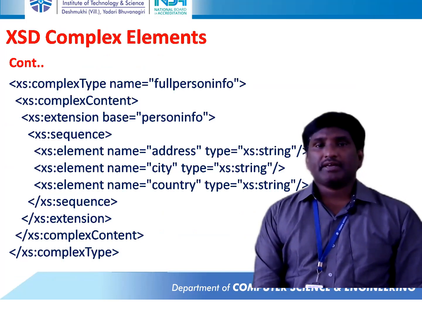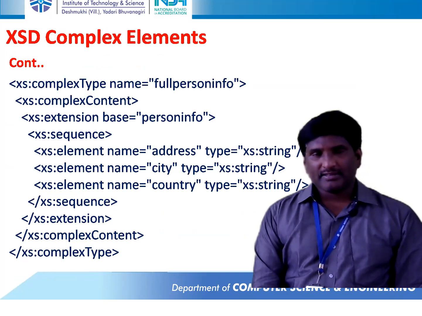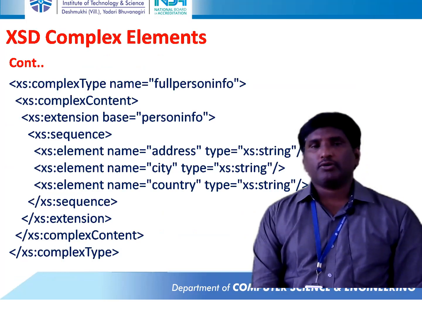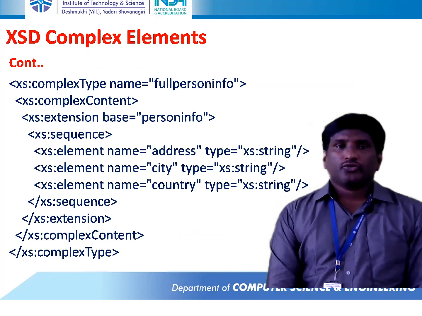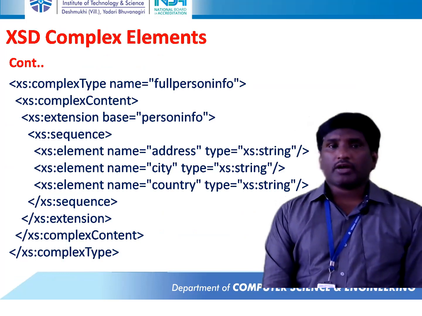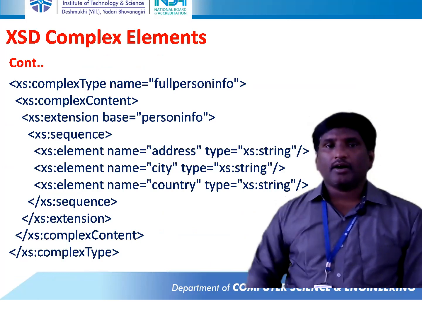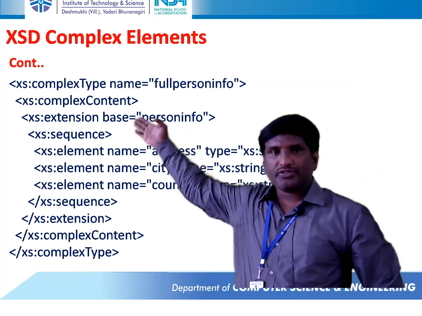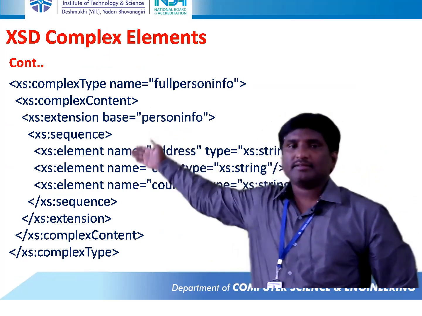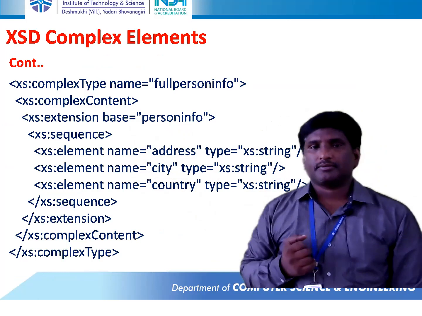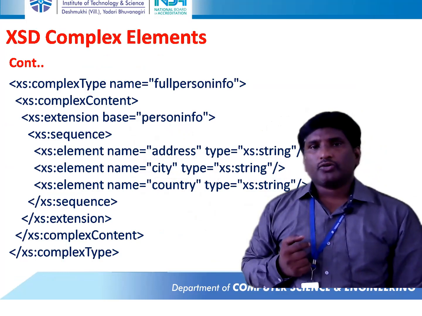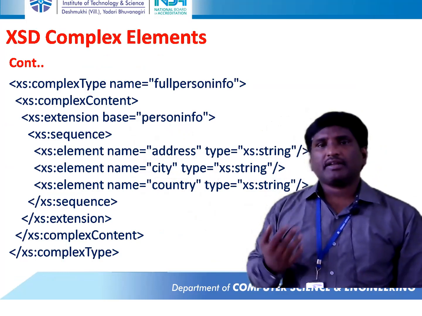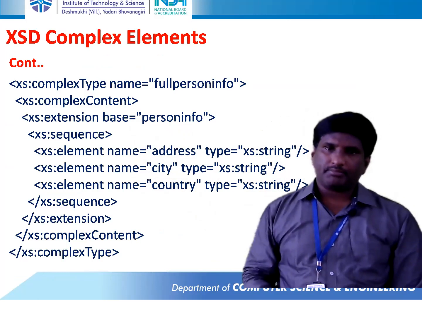So here we are giving the base as personinfo, which is referenced by fullpersoninfo. How can we do this? By using complexContent, which has an extension base and then a sequence of sub elements. Like that we can refer to one more complex type.